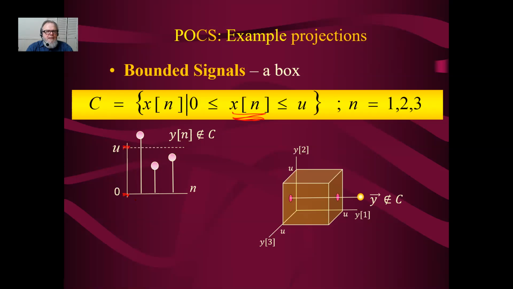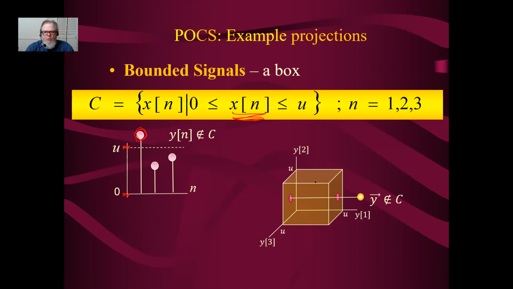Well, here is an example of a case that doesn't lie between 0 and u. This point, which is greater than u, doesn't allow you to place this signal within the convex set.